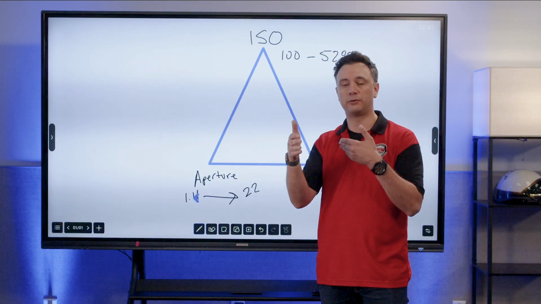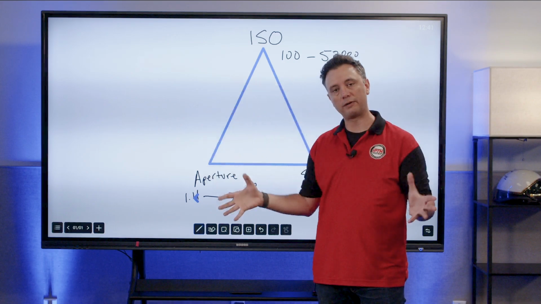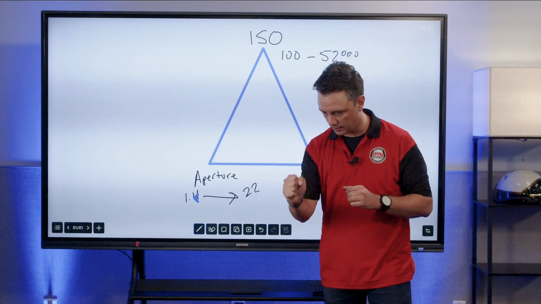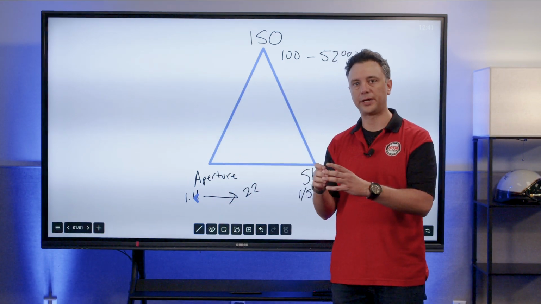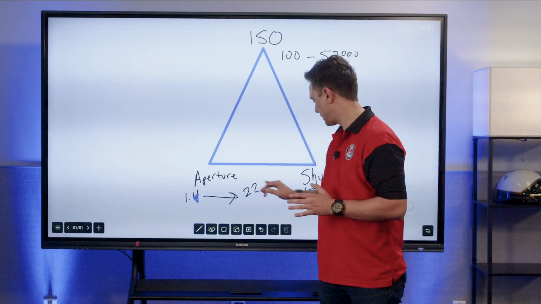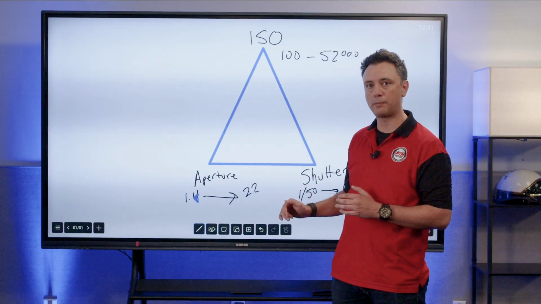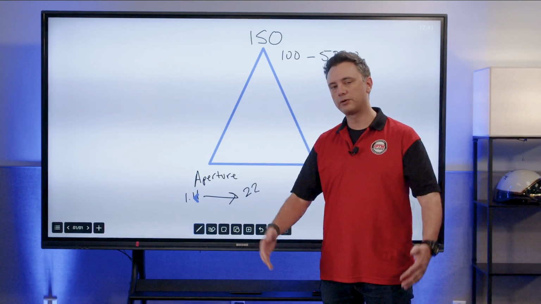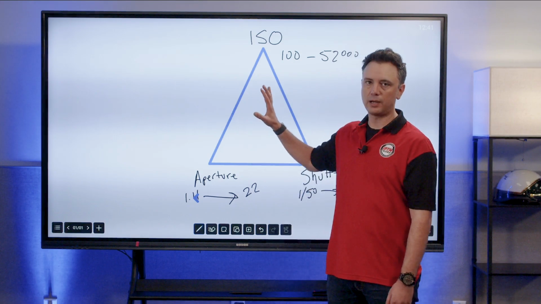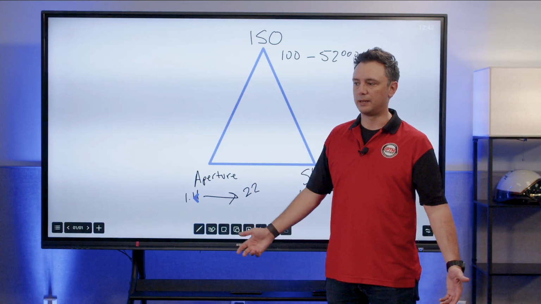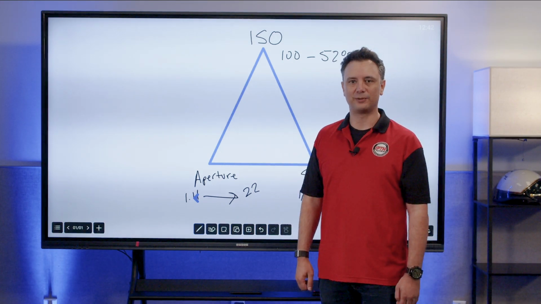Maybe you want a shallow depth of field to blur everything out and have just a little bit of focus on a detailed element of the photo. You can do that. Just make sure that the other two are set properly as well, okay? So hopefully those help you. Keep these things in mind when you go out in the field to take photos, and best of luck out there. We'll see you guys on the next one.